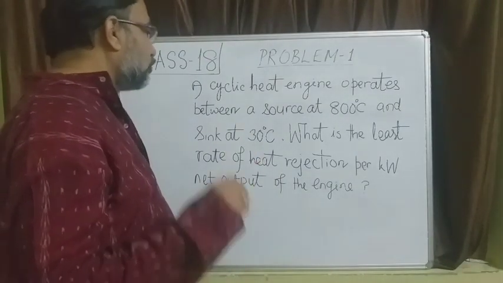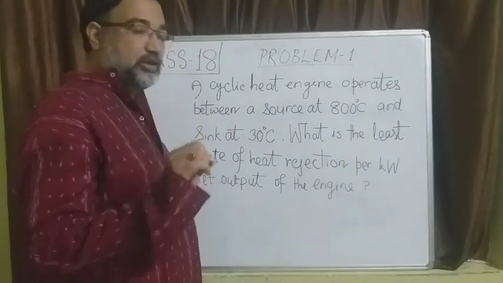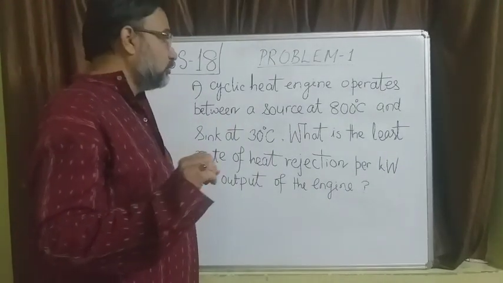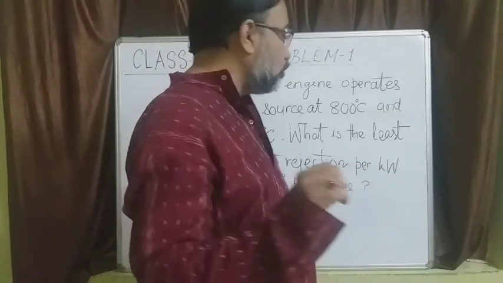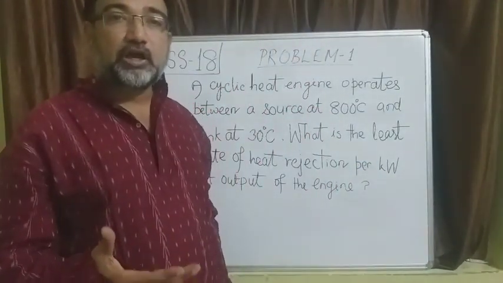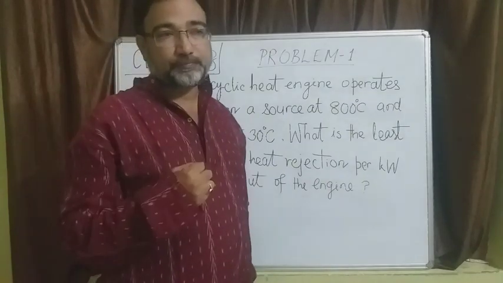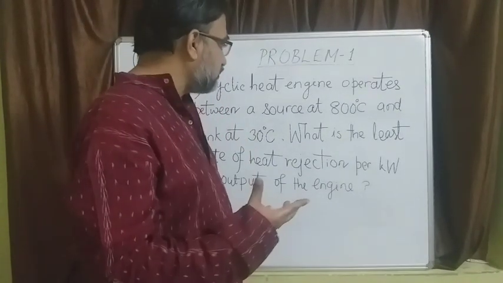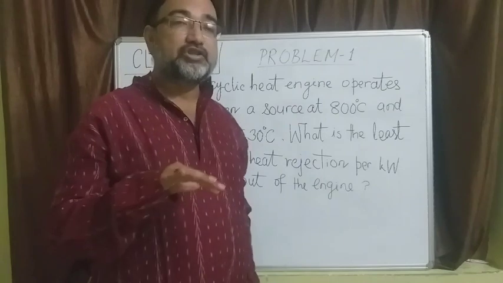Question is, what is the least rate of heat rejection per kilowatt net output of the engine? So what is the work output of the engine? How much? 1 kilowatt. And what is asked? What is the least rate of heat rejection?